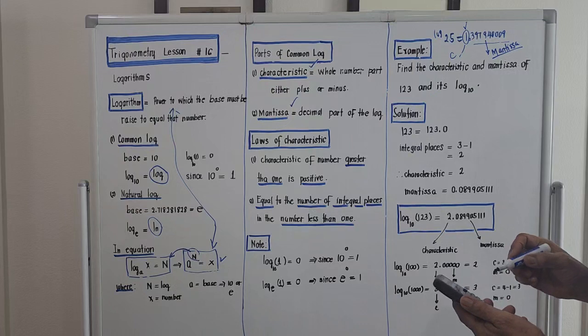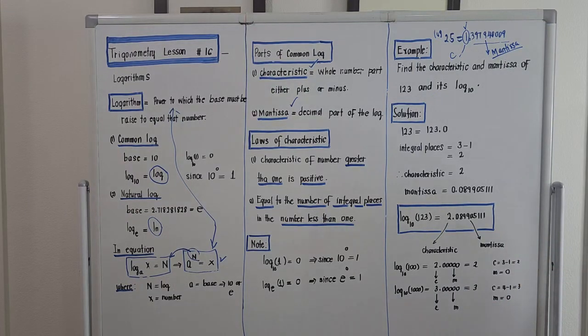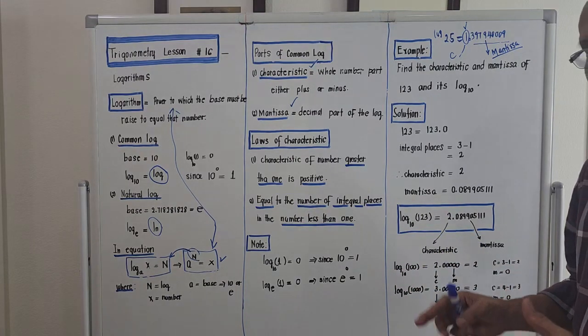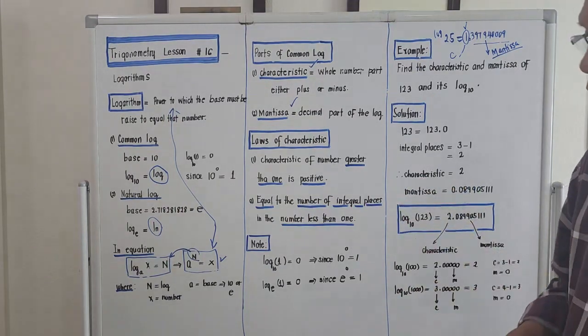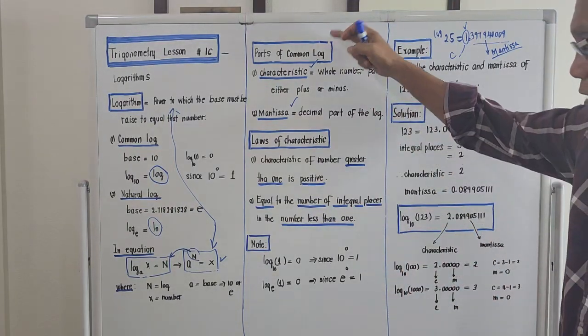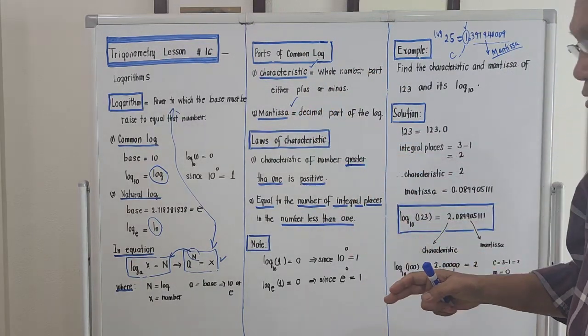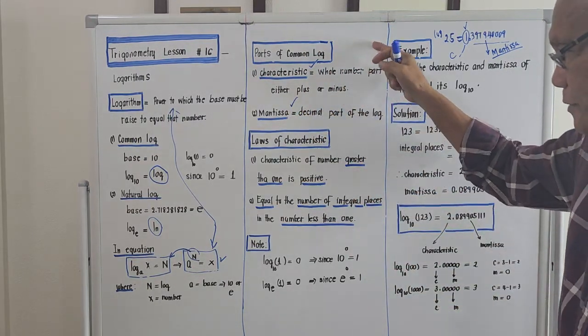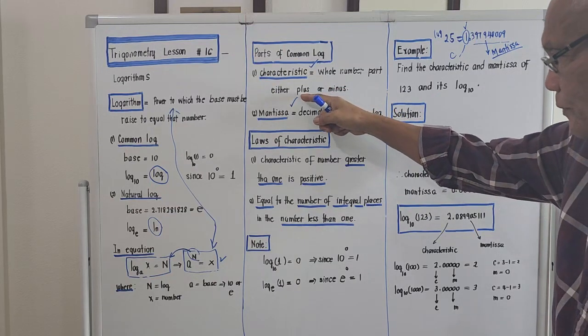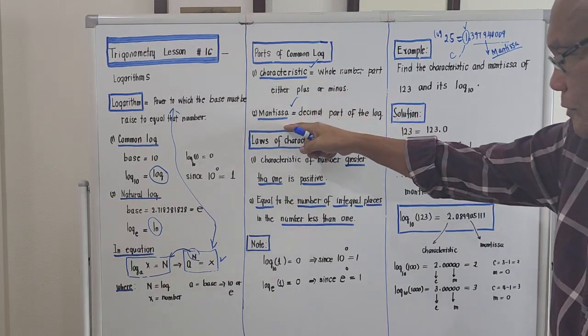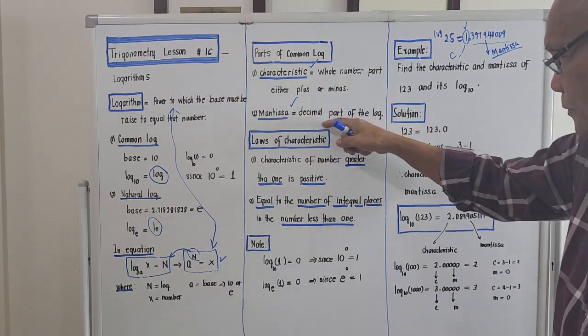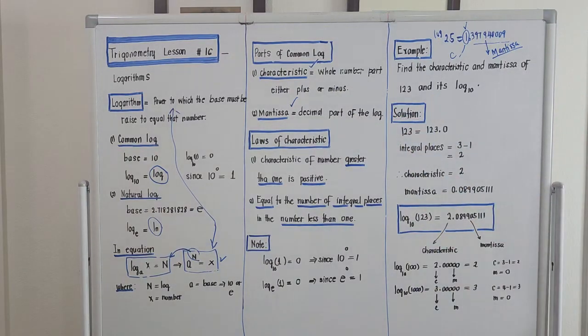I don't know if you have encountered this one under the study of algebra, but now since we are again studying logarithms under the study of trigonometry, I brought out already the parts of the common logarithm. It is the so-called characteristic and the mantissa. Characteristic is the so-called whole number part, in which the sign could either be plus or minus. And the mantissa is the decimal part of the logarithm.